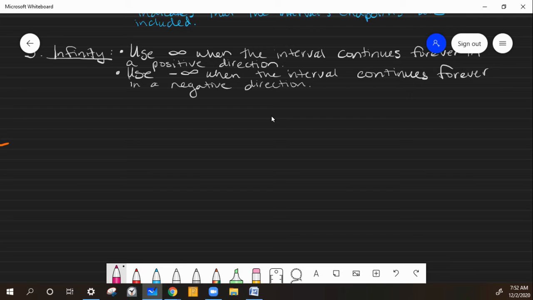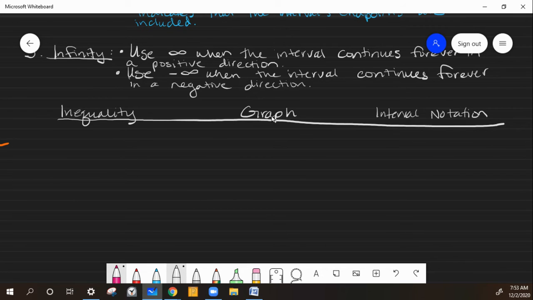We're going to look at 4 examples in a chart: we'll have the inequality, the graph, which are the 2 things we already know, and then our interval notation over here. I actually really love interval notation. I think it's kind of fun to do. I think some of you, once you grasp it, will also like it.